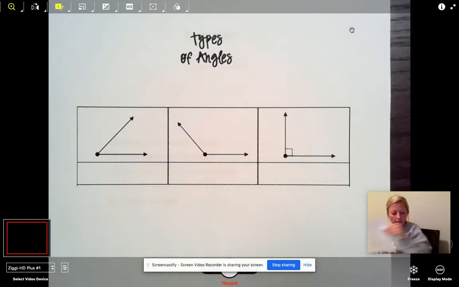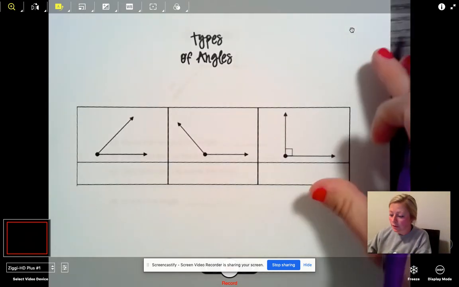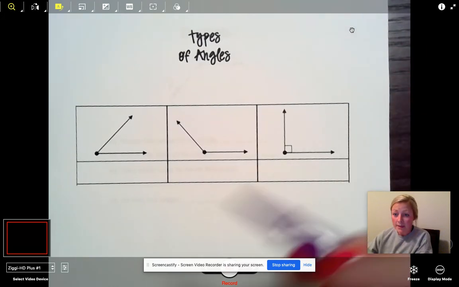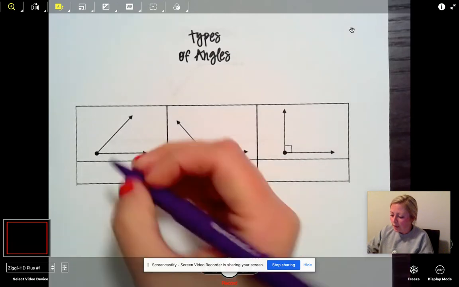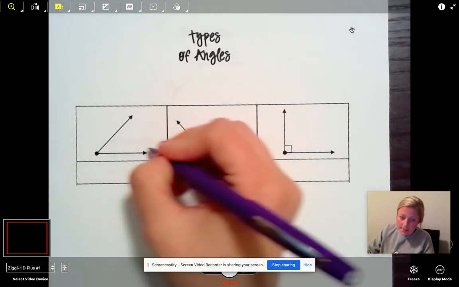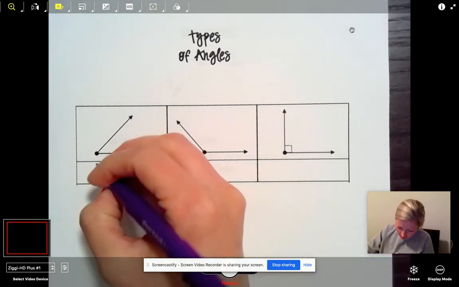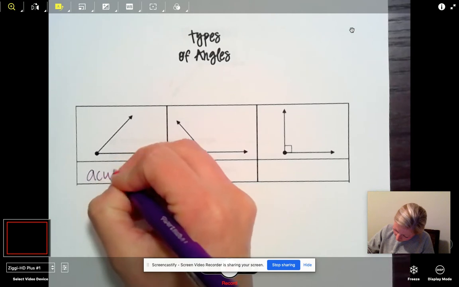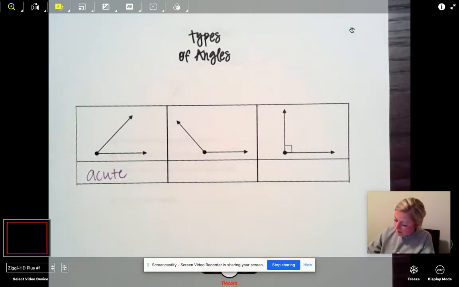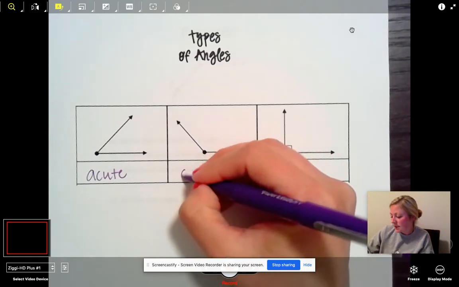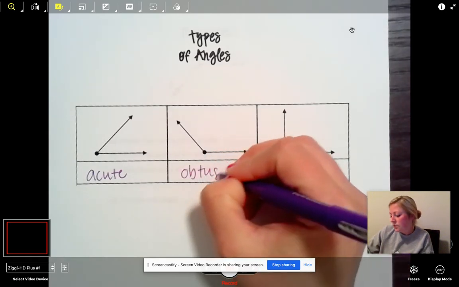Okay, next. I know you guys know these. We have different types of angles, and we can classify them by their angle measure. If it's less than 90 degrees, like this picture here, it is acute. If it's greater than 90 degrees, it is obtuse.